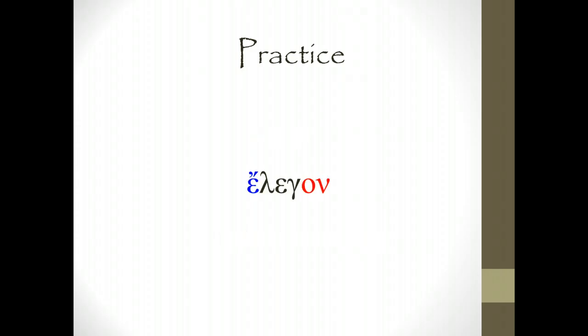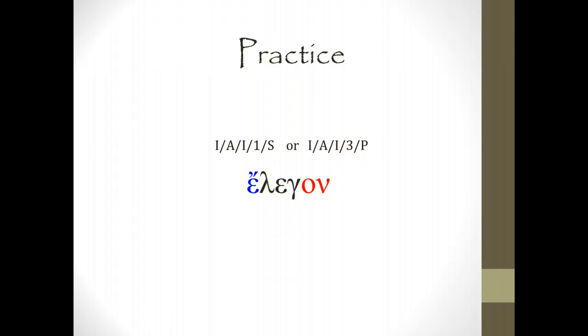Next, elegon. Here, we already know that this word comes from lego. We have our augment on the front as we would expect it, an epsilon at the beginning of our consonant, and then we have our omicron nu ending. But the problem, as I already pointed out to you in our paradigm, is that the omicron nu ending actually works for both the first person singular and the third person plural.